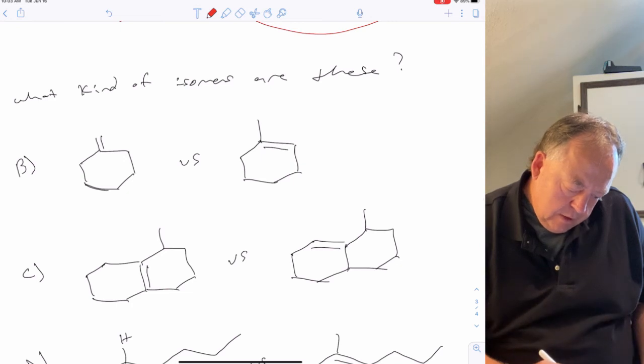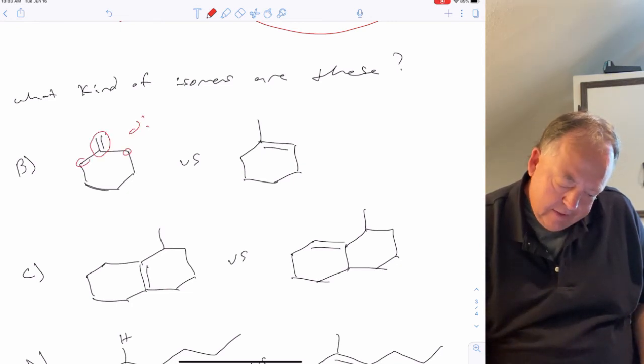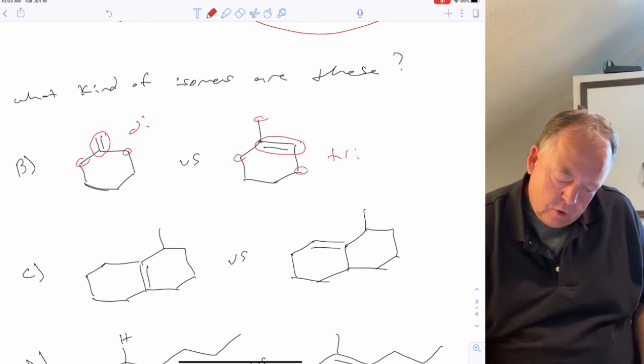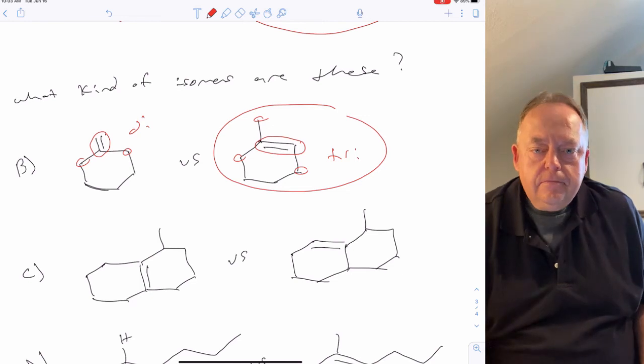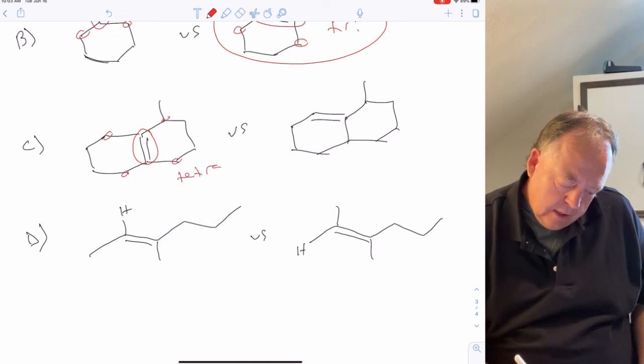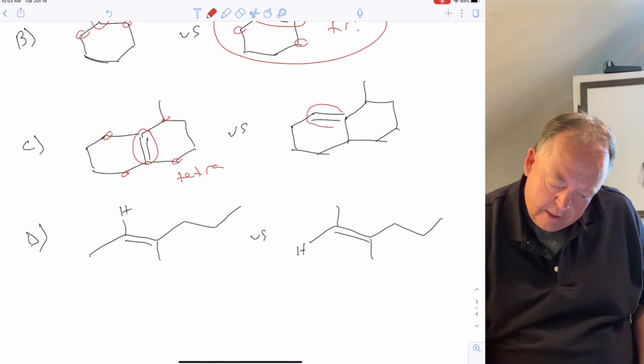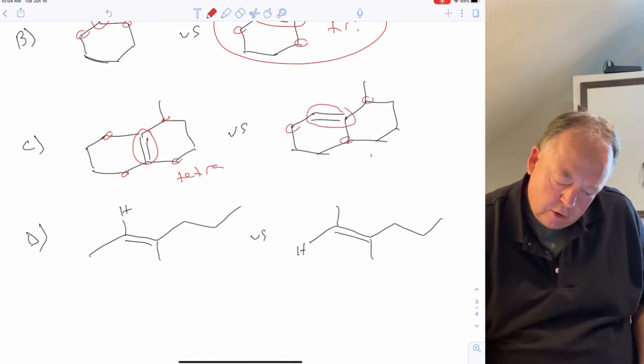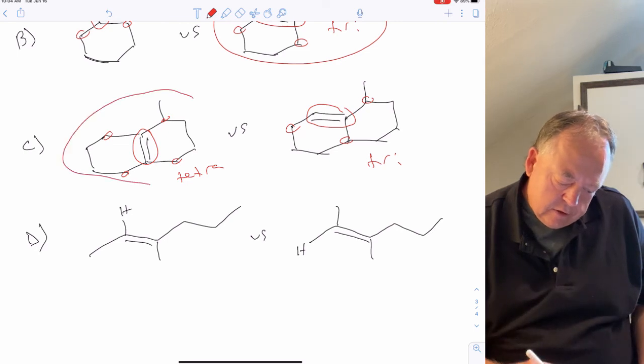For this one, there's the alkene, which has 2 carbons, so this is di. There's the alkene, which has 1, 2, 3 carbons attached, so that's tri, so that's the more stable. Here, the alkene has 1, 2, 3, 4 carbons attached to it, so that's tetra. The other alkene has 1, 2, 3 carbons attached to it, so it's tri, so this is more stable.